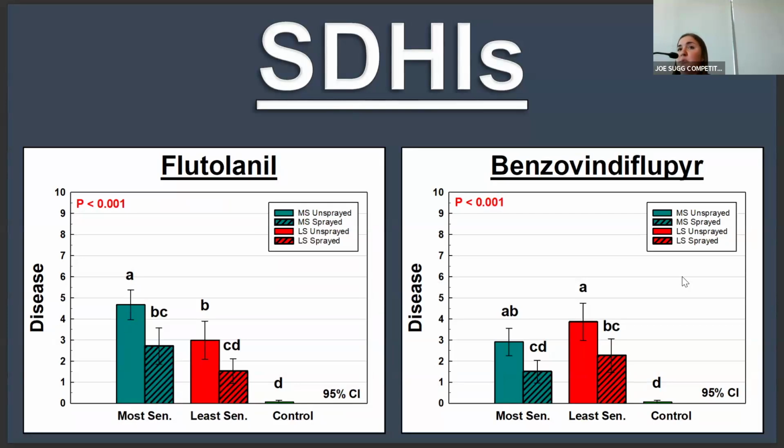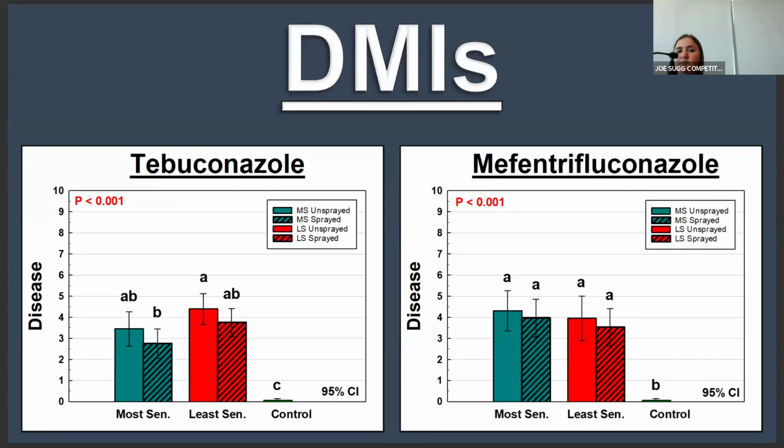The 2 main things that I want to show with the SDHIs is first, whenever sprayed, disease was always significantly reduced. So we do see a substantial response to the fungicides. The second thing is if you look at just the spray plots, there's no difference in disease levels, which is what we hypothesized. So they're working well and they're suppressing the least sensitive just as well as the most sensitive.